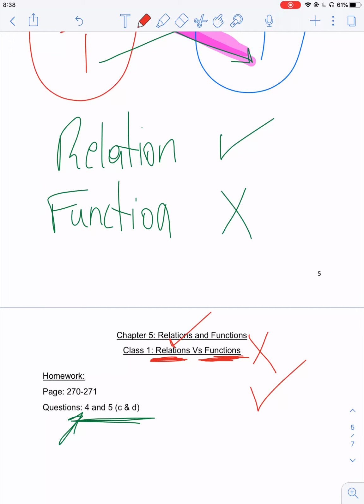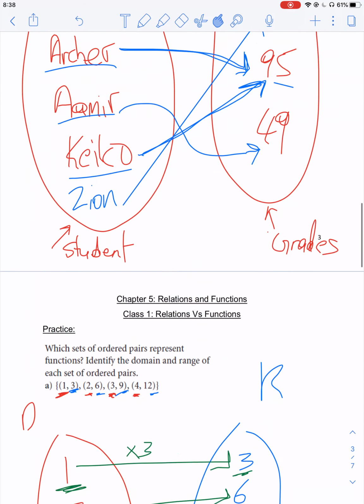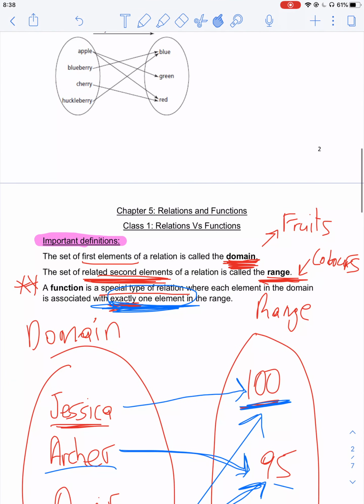And there's a special condition where it tells you that each element in your first set has to be associated with exactly one. So that's the keyword, exactly one element. So let's go back over here. This is the one: exactly one element in your range. Okay, so if it's a function, then it has to satisfy this condition.